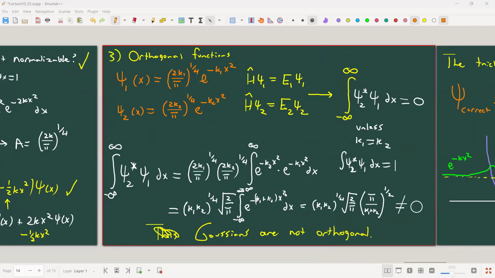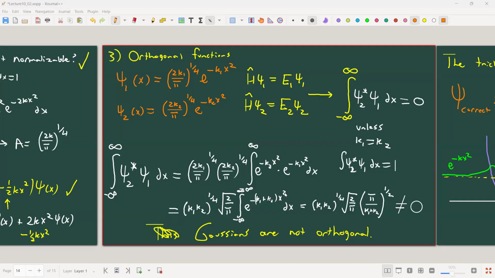Remember, the idea is that each energy level of a system is non-interacting with the others. If a molecule is in state 1, there's no probability you'll ever find it in state 2 or 3. Right? You localize the particle in a specific state, and it's there to stay. So when we calculate the probability of where we observe a molecule in state 1 and ask what's the probability I then find it in state 2, that's this integral here.